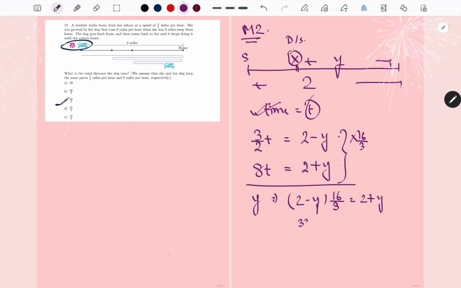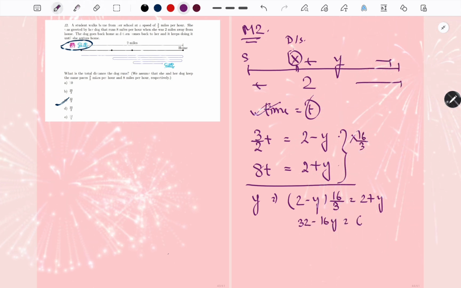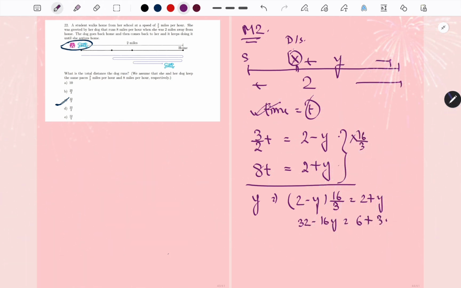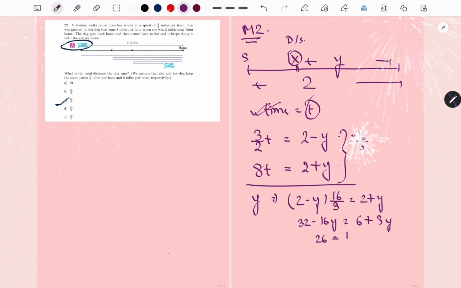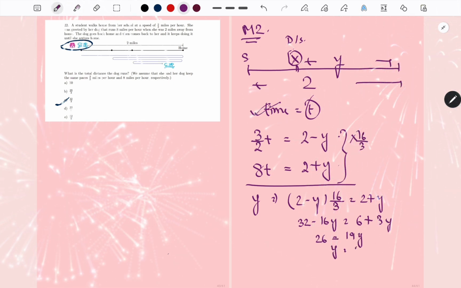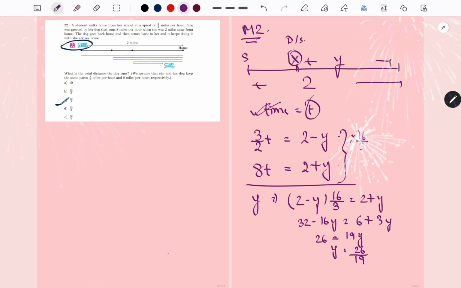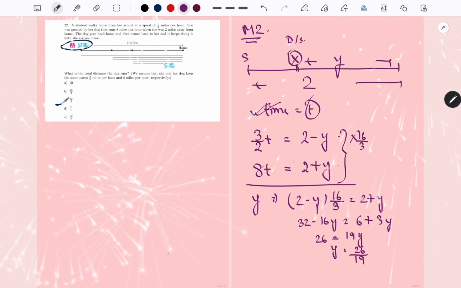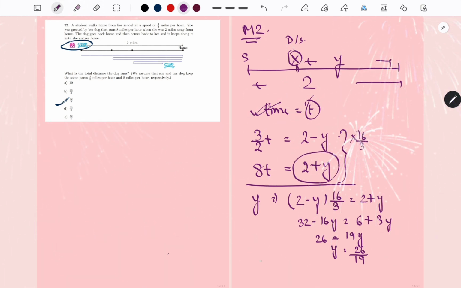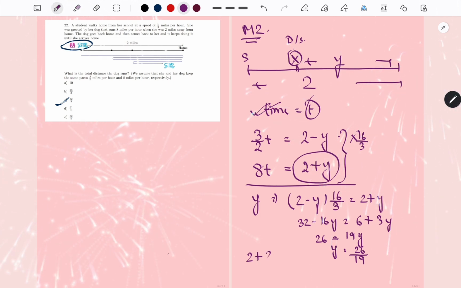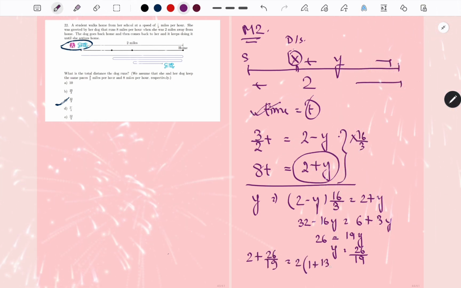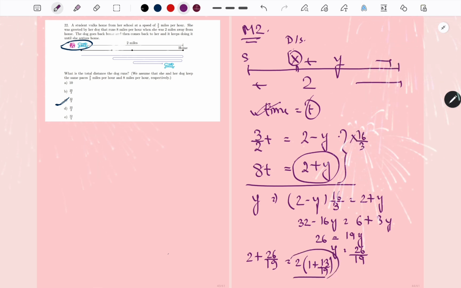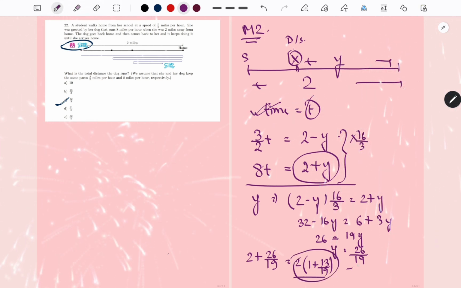Therefore 32 minus 16y is equal to 6 plus 3y, so 26 is equal to 19y, and hence y is equal to 26 by 19. Therefore the total distance traveled by the dog will be 2 plus y. So 2 plus 26 by 19, that is 2 into 1 plus 13 by 19. This is the distance for the first time.